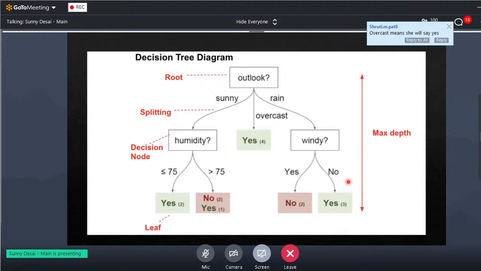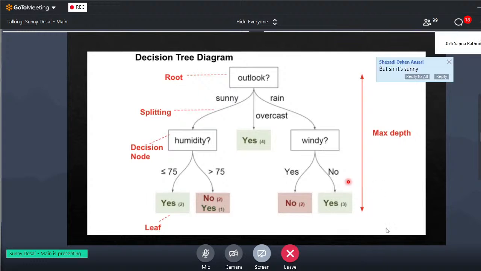Overcast means she will say yes, correct. But still somebody is saying can't decide. But sir, it's Sunny. Yeah, my name is Sunny, I agree. But then for Sunny and Overcast, is she going to play or not going to play?